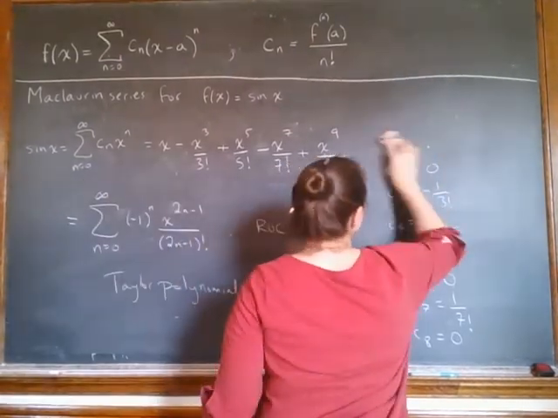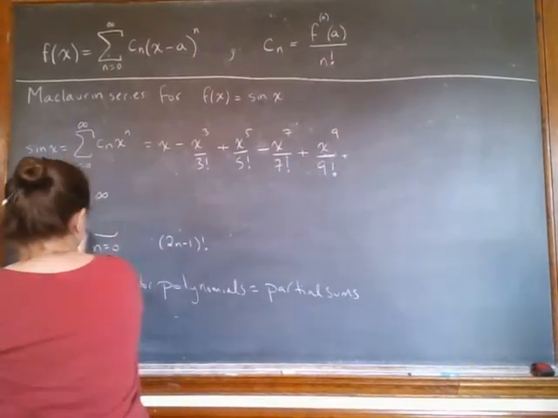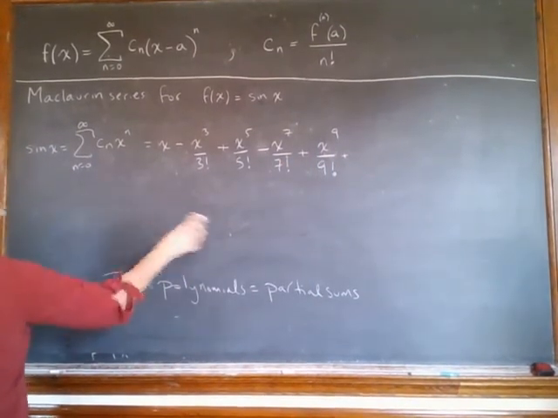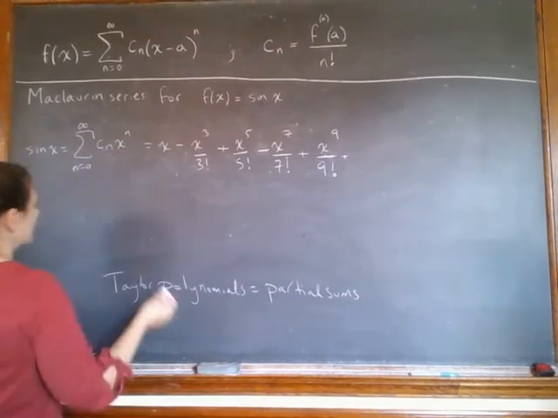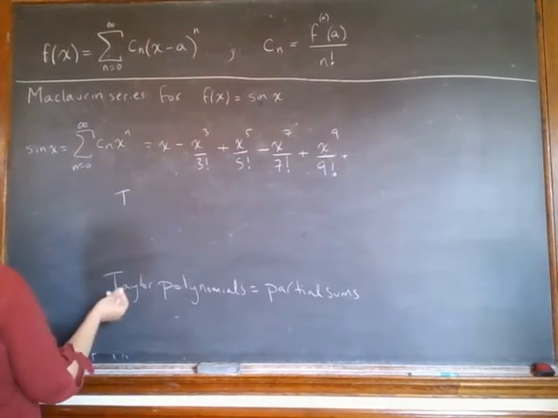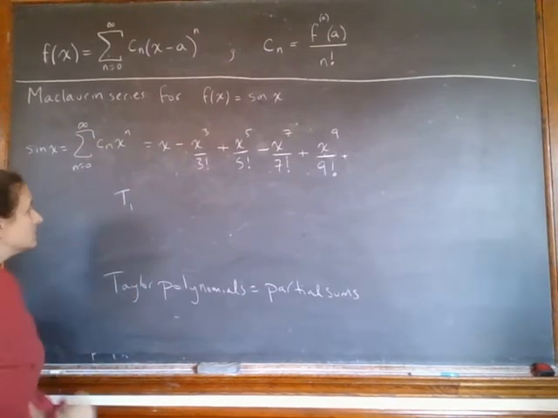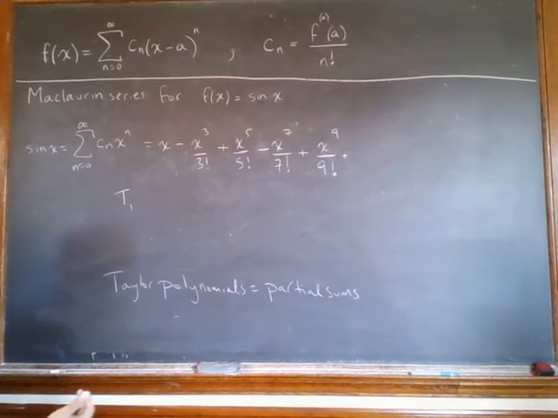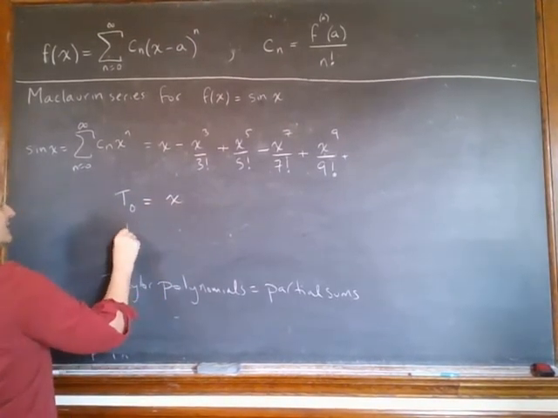So if I take my series here, and I look at the Taylor polynomials for it, let's see, T0 would just be the zeroth term, so that's just x.